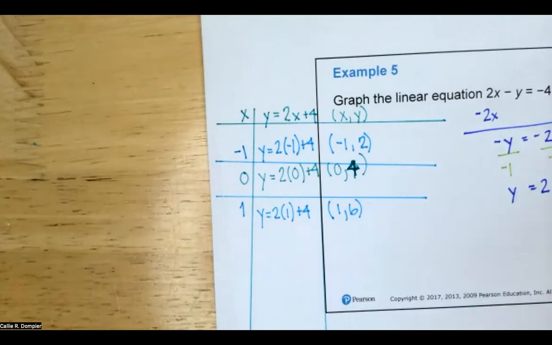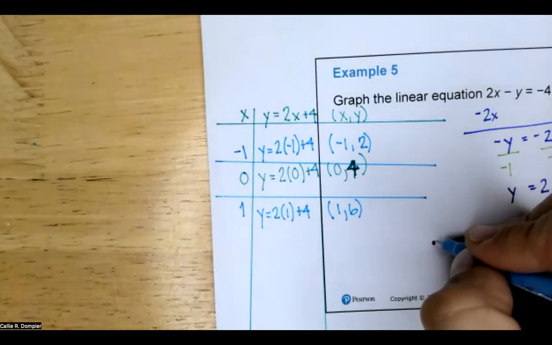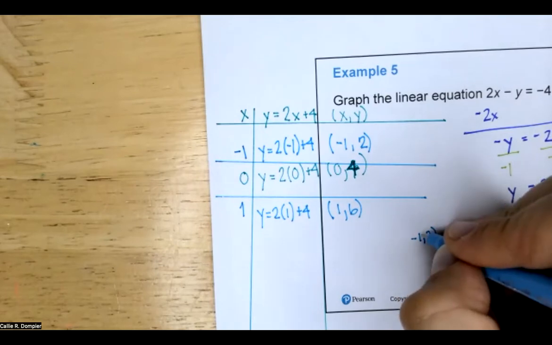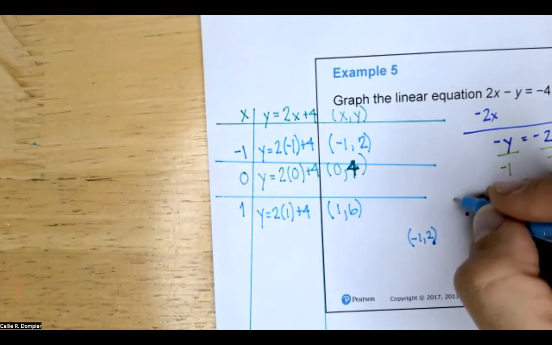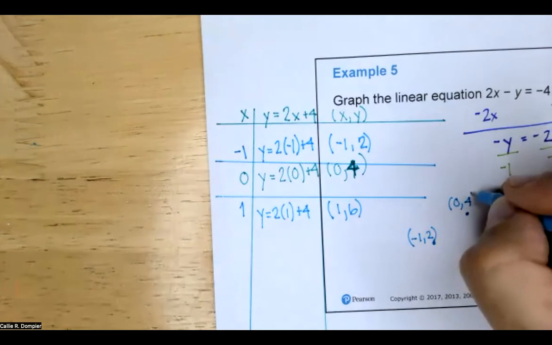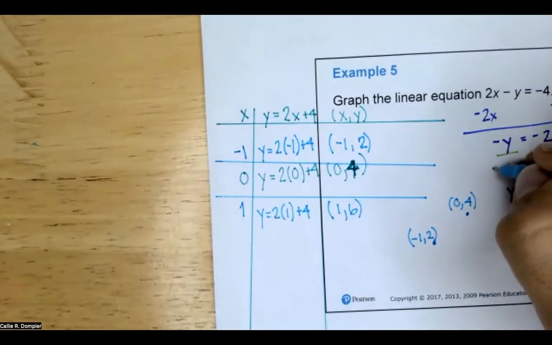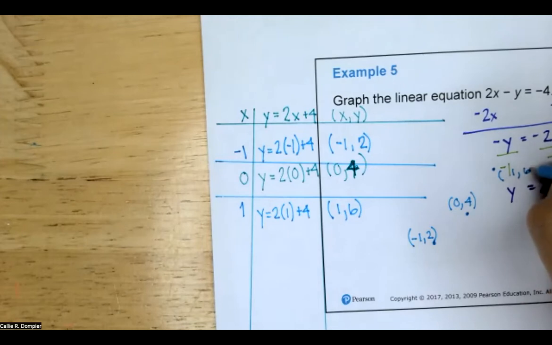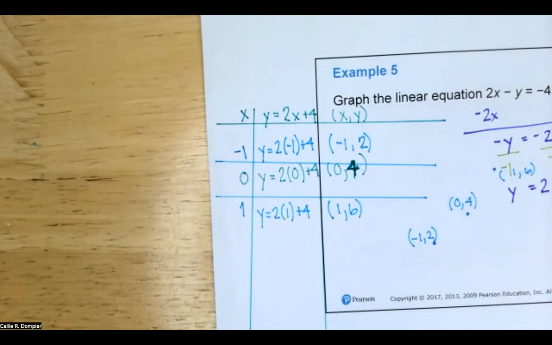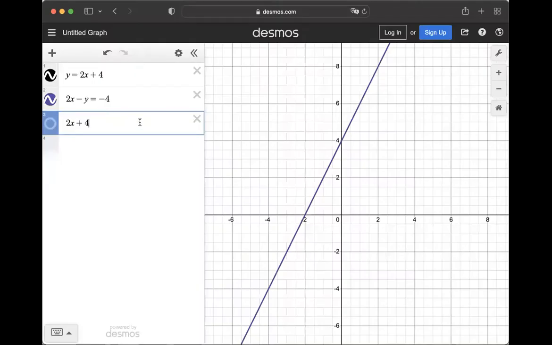So I should be able to see on the graph the points -1, 2, the point 0, 4, and the point 1, 6. We will put those 3 into Desmos. So first it was -1, 2.